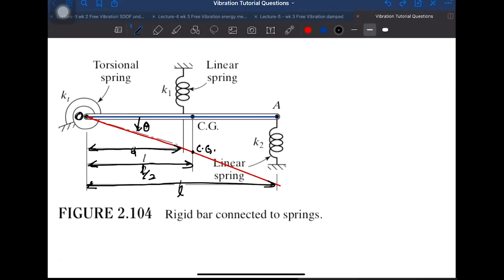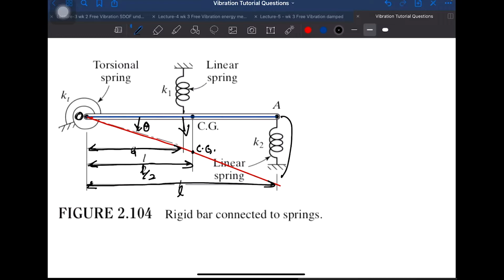So imagine the spring, from the original position of the bar, the blue line, to the red line, the bar rotates clockwise. K1 is attached to the bar. And when the bar moves downward, what happens to the spring force in K1?